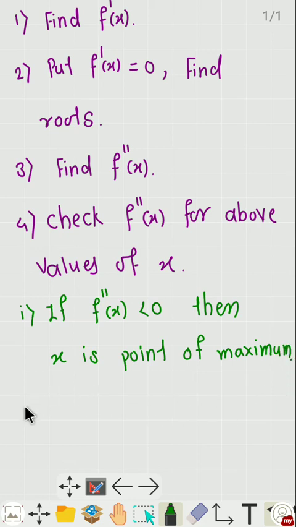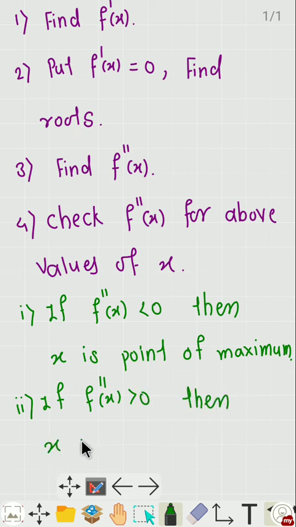Second, if f double dash of x is greater than 0, then x is the point of minima, or minimum.